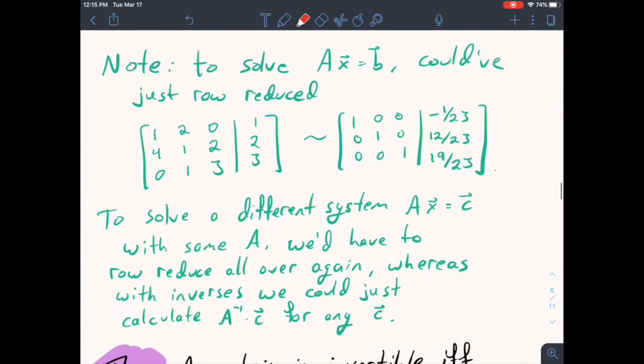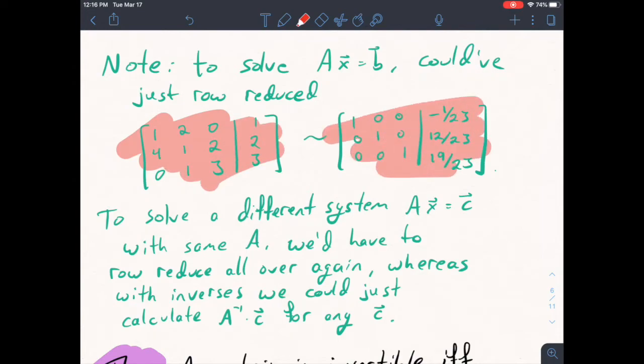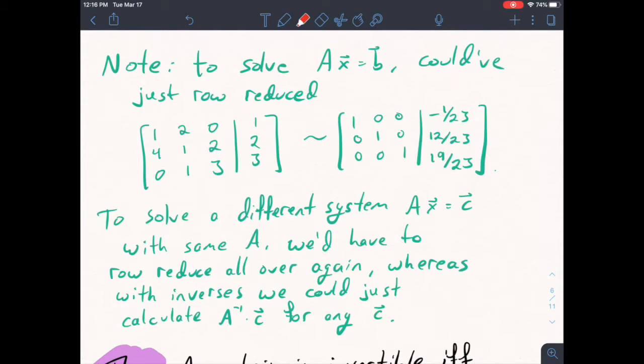So anyway, this note is sort of explaining that. To solve Ax is equal to B, like I was just saying, we could have just row reduced this matrix right here and gotten this matrix. That would have worked just fine. So here's the usefulness of having our inverse matrix already.